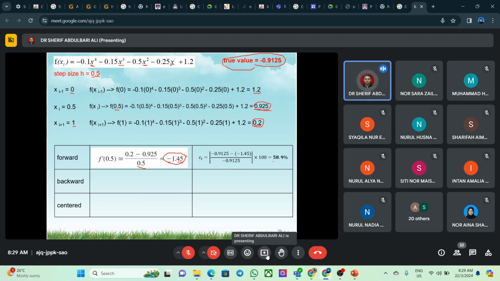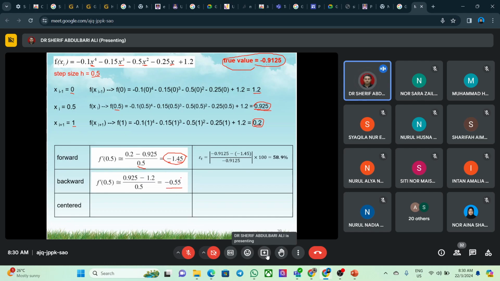Now let's find the backward finite divided difference and see what the answer is going to be. It's going to be from x to x minus 1. So this means 0.925 minus 1.2 over 0.5. So the answer is negative 0.55.